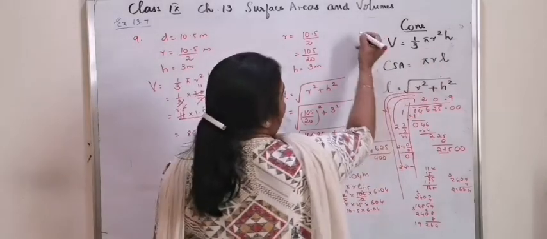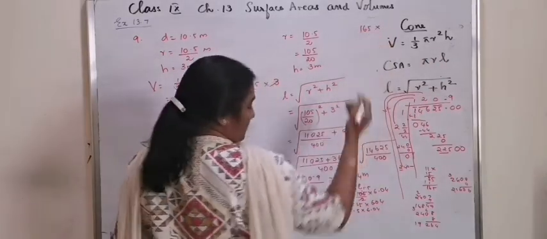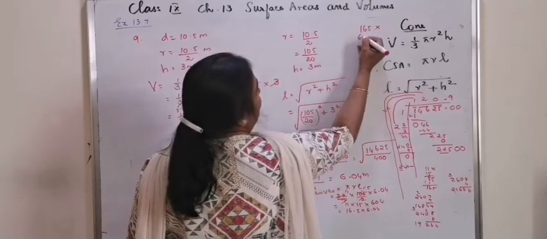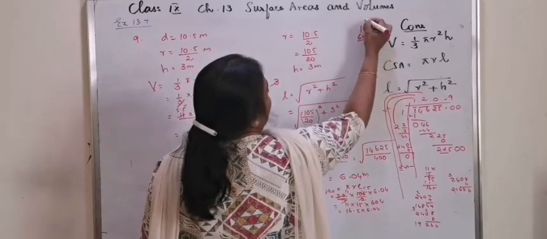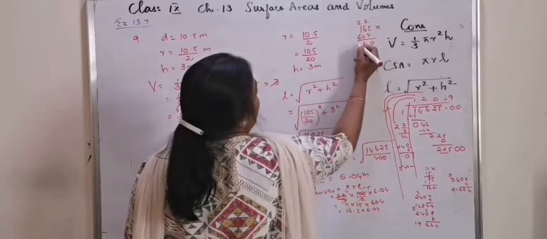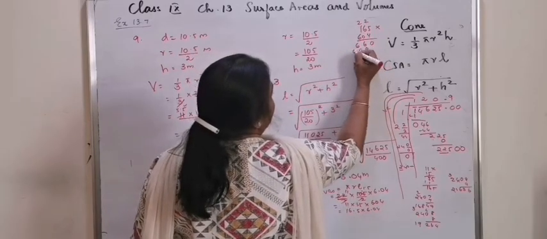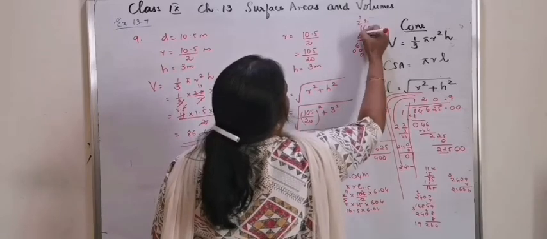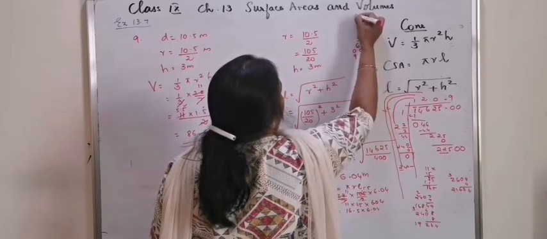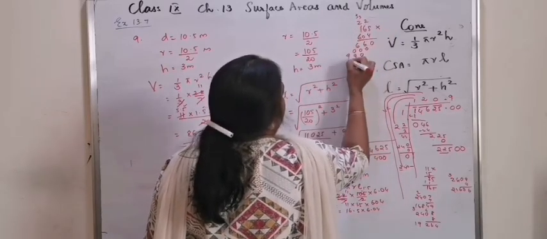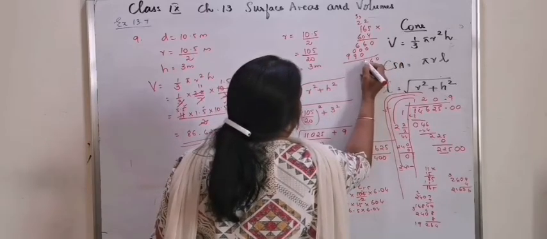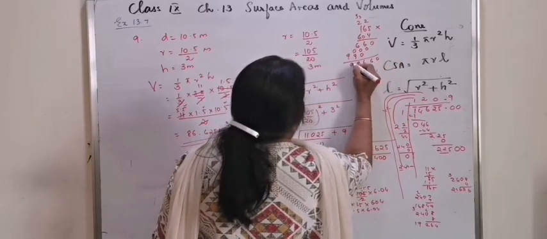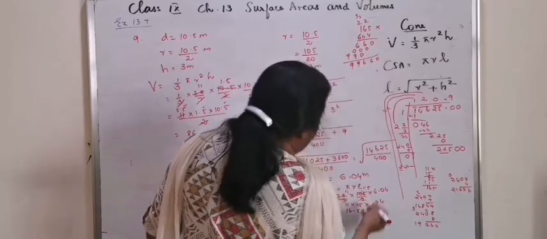So 165 into 604. 6 fives are 30, 3, 6 sixes are 36, 39, and so on, giving 99 6 6 9, with decimal place 3.